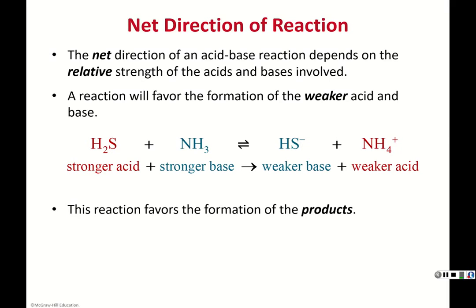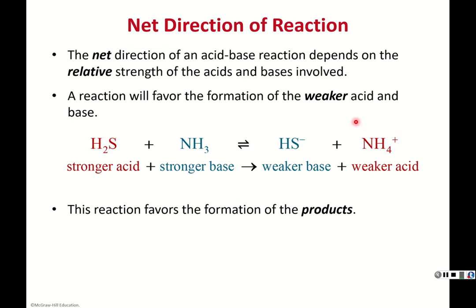How do we determine the net direction of an acid-base reaction? Well, it depends on the relative strengths of the acids and bases involved. So a reaction is going to favor the formation of a weaker acid and base. In this case, how it's written, we have H2S, which would be a stronger acid when we're comparing it with the conjugate acid.